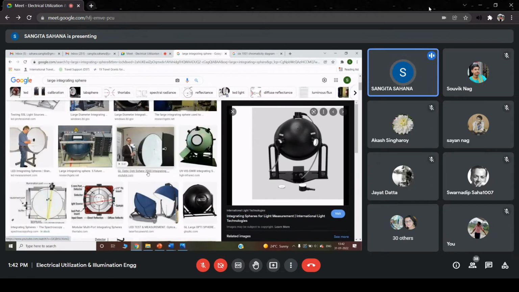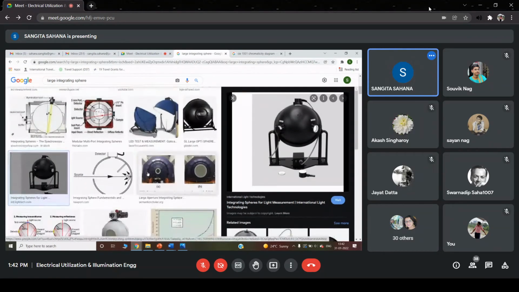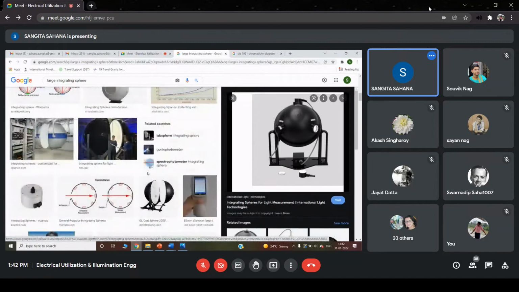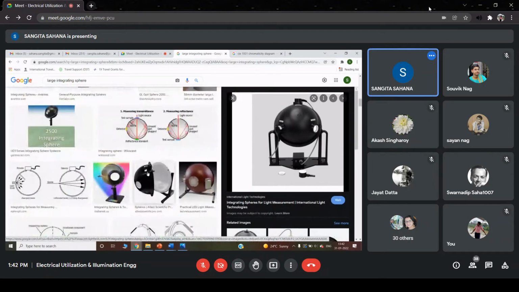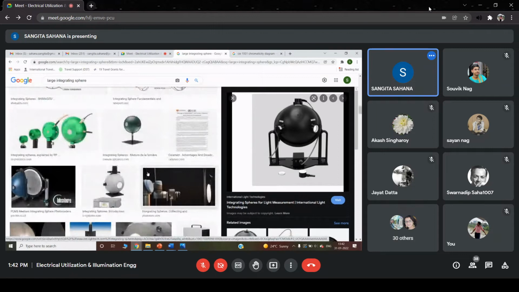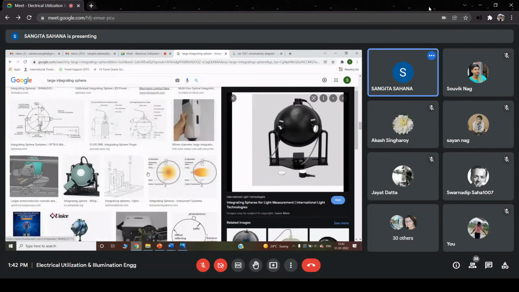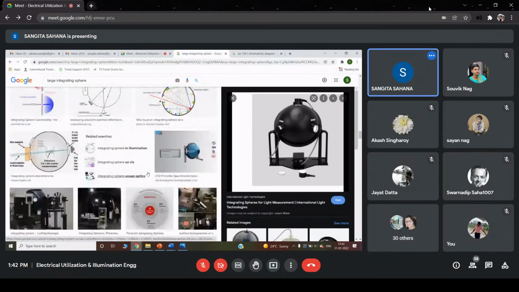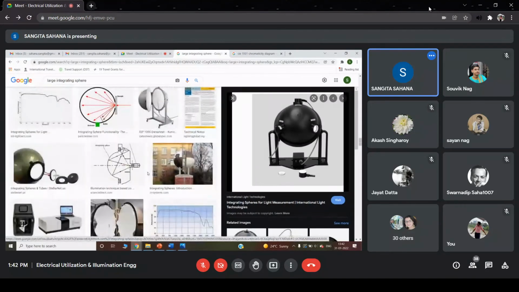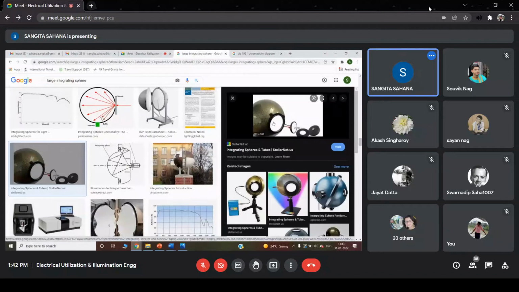So as you can see, this is the opening here. The sensor is placed on the inside wall of this integrating sphere, so the lamp output can be measured.